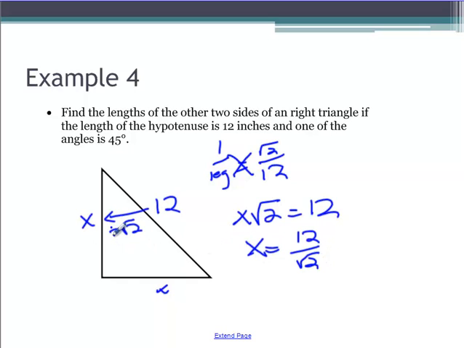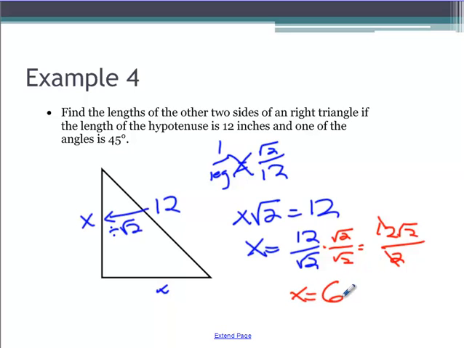And that's what I was saying here. If I divide by square root of 2, that's like doing this proportion, just maybe writing some steps. I think it's okay to write out this step because it helps you visualize what you're actually doing. We got to multiply by square root of 2's. So we get 12 square root of 2 over 2, because square root of 2 times square root of 2 is 2. These will simplify.